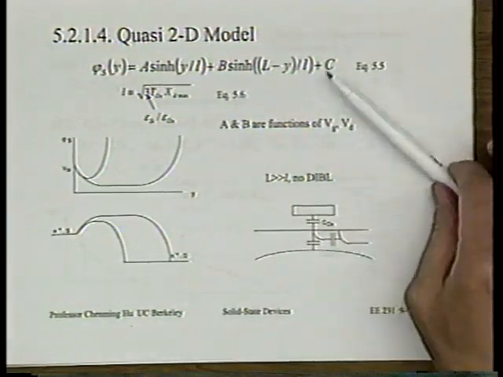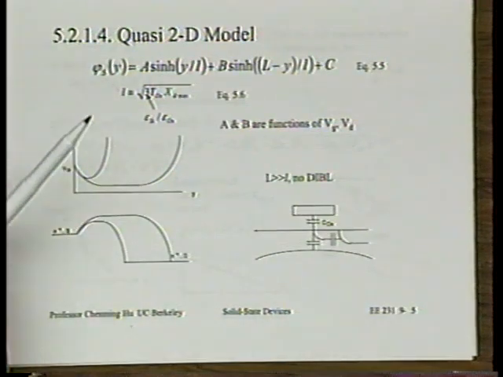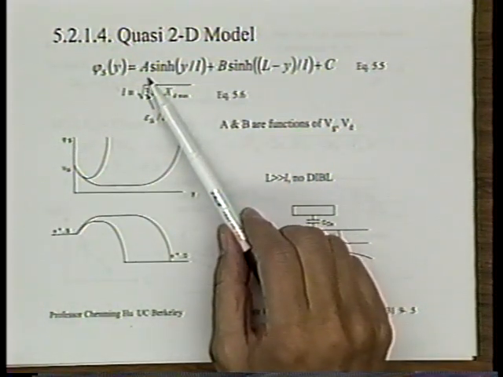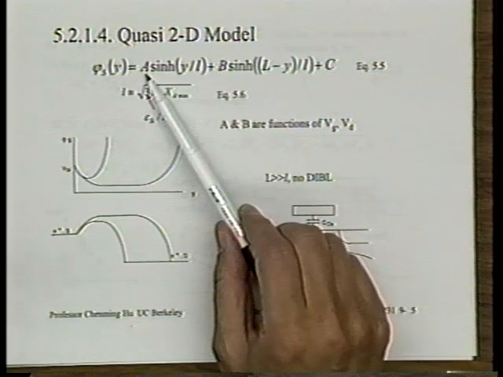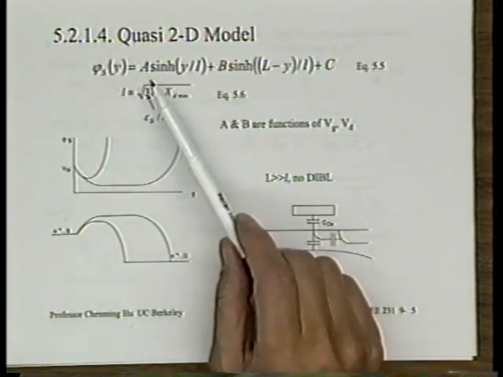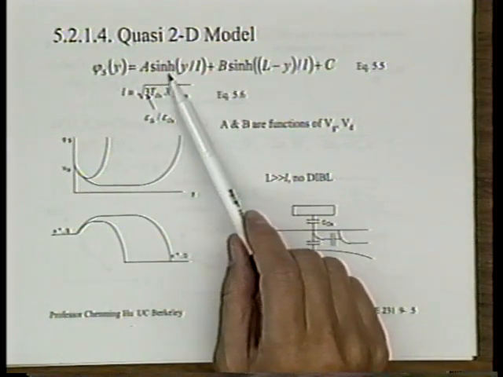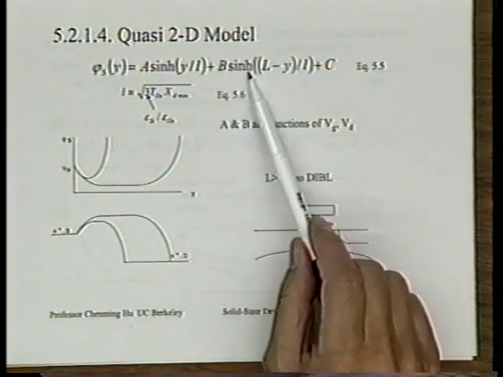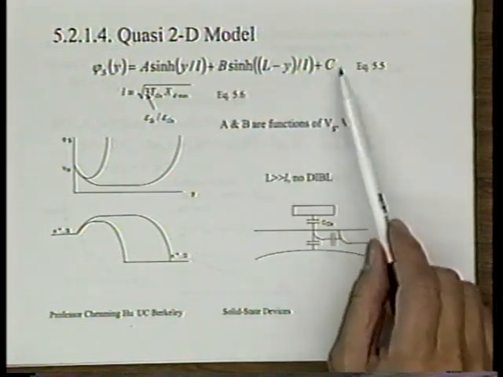Okay? Phi s is equal to some constant. Let's not worry about constants very long because the boundary condition is complicated. It has to do with VD, for example, the drain voltage, and VG. So it's equal to a constant times A hyperbolic sine y over L plus B hyperbolic sine L over L plus some kind of constant.